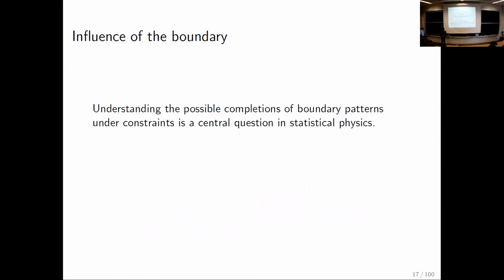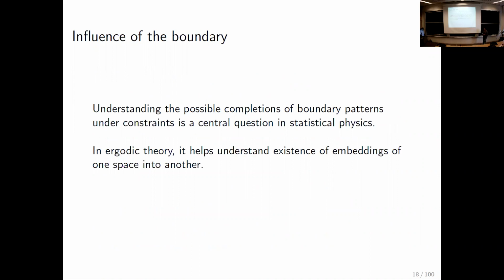Okay. So understanding these questions about how boundary patterns affect what happens inside is an important question in physics. But in ergodic theory, this helps us understand the existence of embeddings from one space to another.